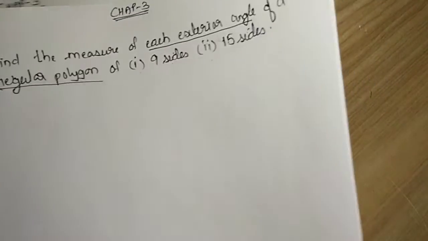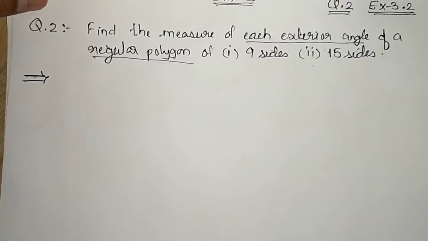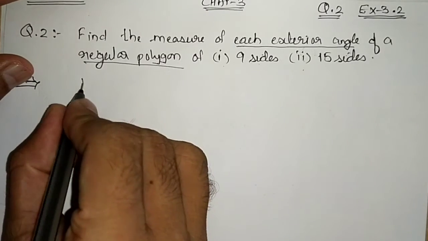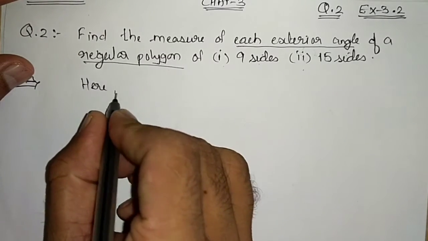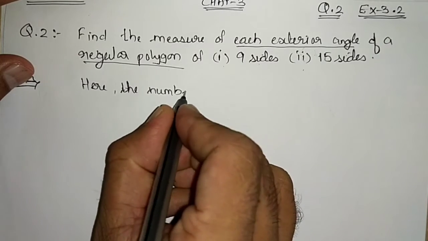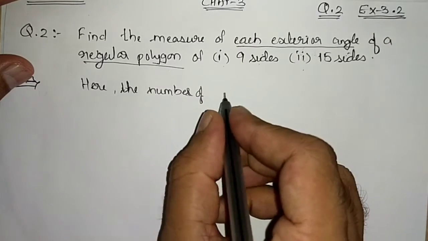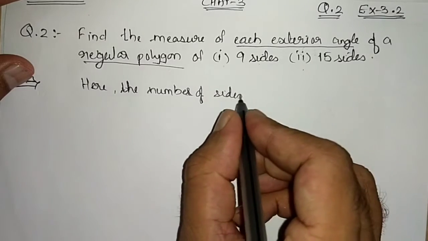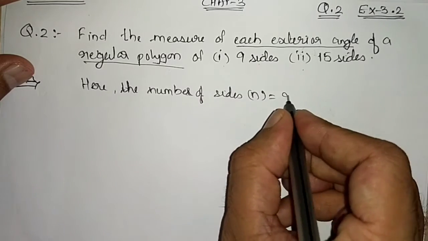We have to find exterior angle, and we know the sum of exterior angle is 360 degree. So we can directly put, here the number of sides n is equal to 9.